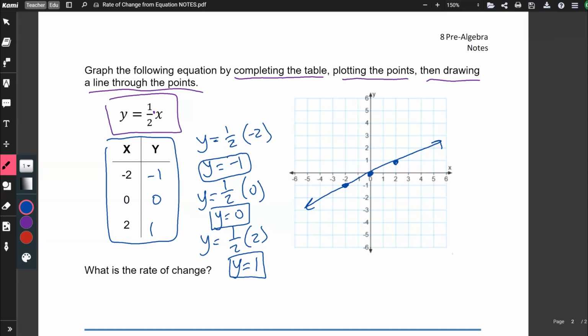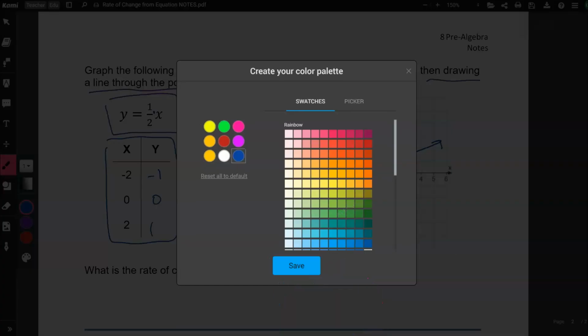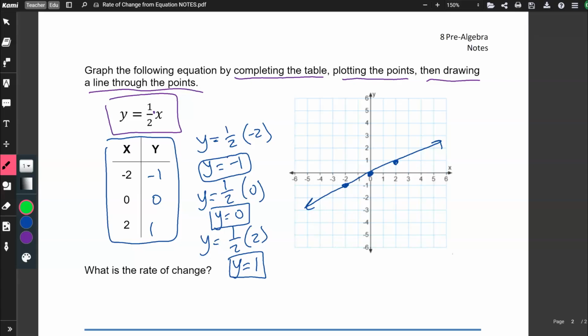So my rate of change here, as I look at this, let me pick a different color to go through and look at this. I'm going to think about how my y is changing, right? So change in y over my change in x. I can look at two things here. I can look at my table, and I can also calculate on my graph. When I look at this here, I calculate that stair-step model.